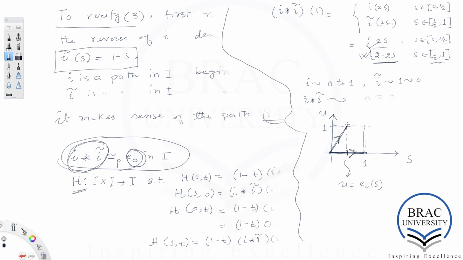And when s is between 1/2 and 1, I have that straight line, which is this straight line. You immediately check that when s is 1/2, we have u equal to 1, right?